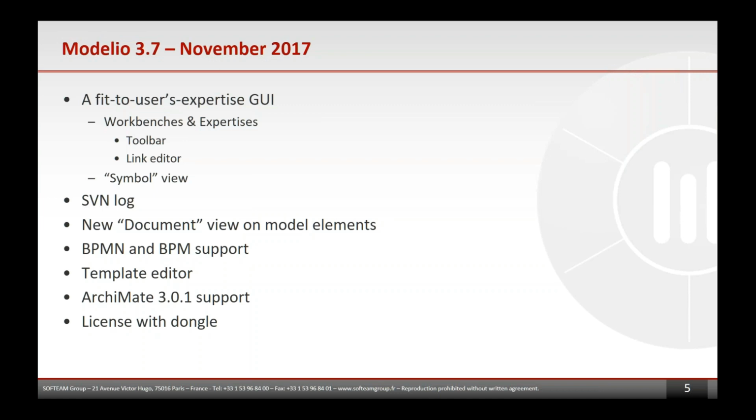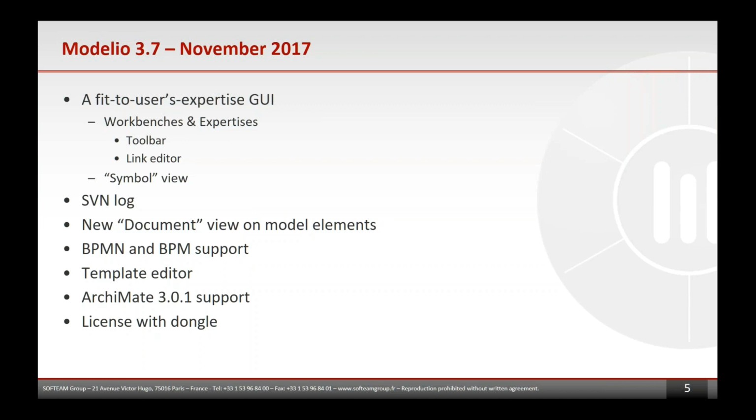There is Archimate 3.0.1 support, which is the latest version of Archimate, and a new feature to support licenses with dongle. Until now, there have been only two ways to have licenses: floating licenses, which depend on the current usage on a network of different users, and a fixed license, which is fixed to a workstation.